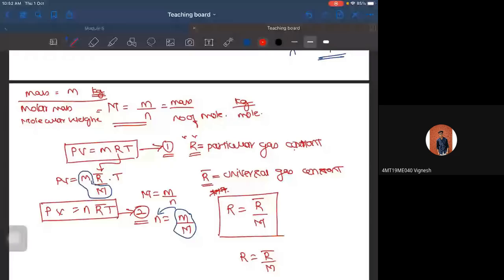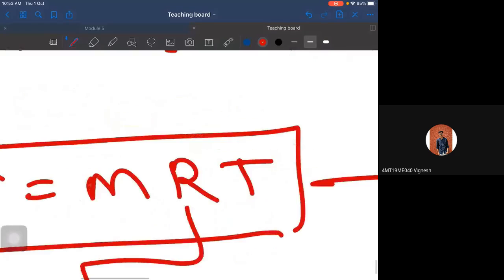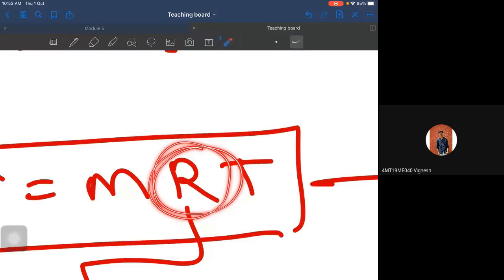Were you there while I was teaching, Vignesh? Yes, sir. Okay, listen here. PV equals mRT is your first form, which includes just R. Here R indicates it is the particular gas constant.